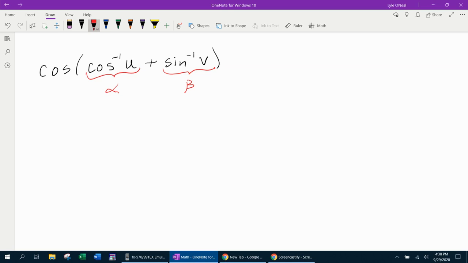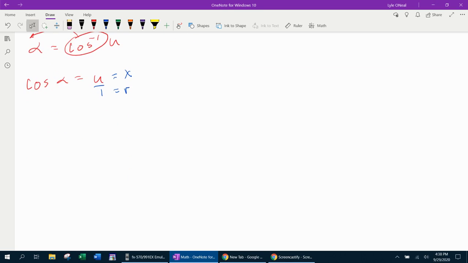And then at this point, we can say, okay, alpha is the inverse cosine of u. Bringing that over will give me the cosine of alpha is u, which I can make into a fraction by putting it over 1. Cosine is x over r. And if I know x and r, I can get y.